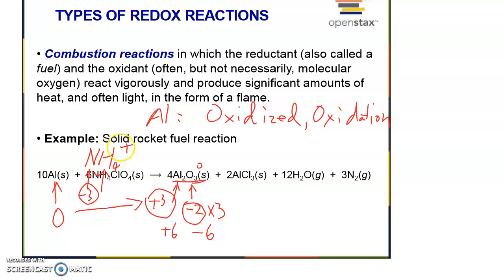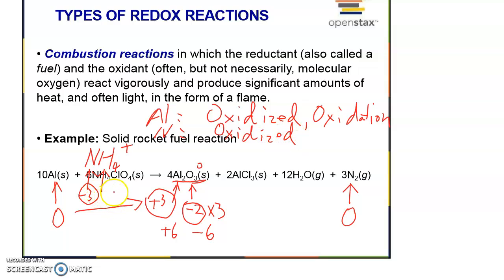Because each hydrogen is positive, we have 4 of them, and therefore we need a -3 to balance it out. So nitrogen will be -3. Over here, nitrogen is in its elemental form, and therefore it is 0. So from -3 to 0, nitrogen is also oxidized because the oxidation number increased.